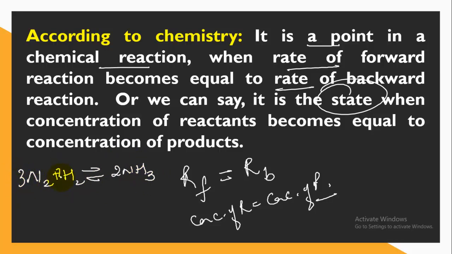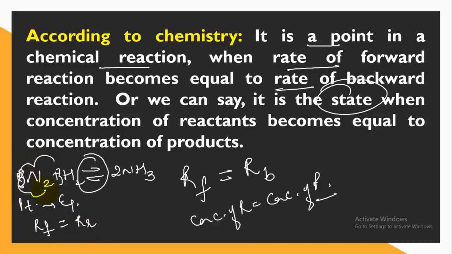This is the balanced reaction for it: N2 plus 3H2 reversible sign 2NH3. As we know that this reaction is reversible, there will be a certain point called equilibrium when the rate of forward reaction becomes equal to the rate of reverse reaction.